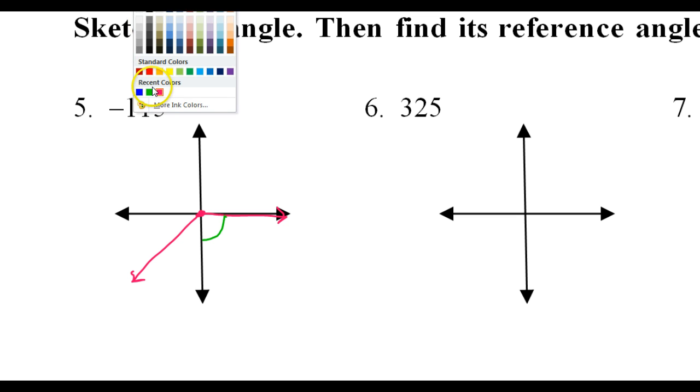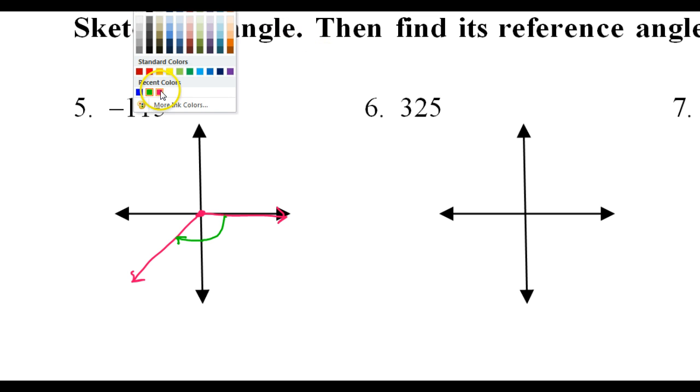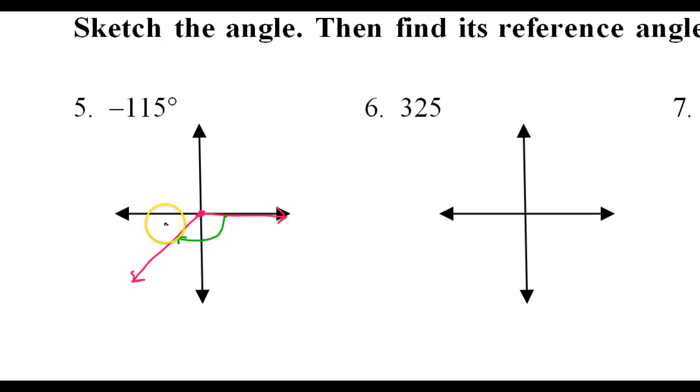Okay, so as far as my sketch, there it is. I've done my sketch. Now the reference angle is going to be right here. Alright, this is the reference angle. Okay, and the way I'm going to find it is, the reference angle is sitting here between two things.